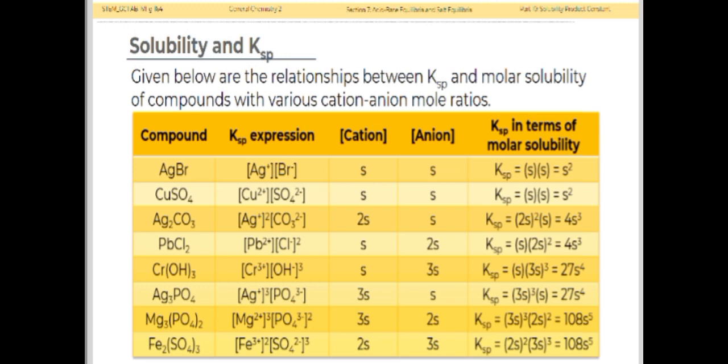Given below are the relationships between Ksp and molar solubility of compounds with various cation to anion ratios. Familiarize yourself with the following table and its corresponding compound, Ksp expression, and cation and anion concentrations in terms of molar solubility.